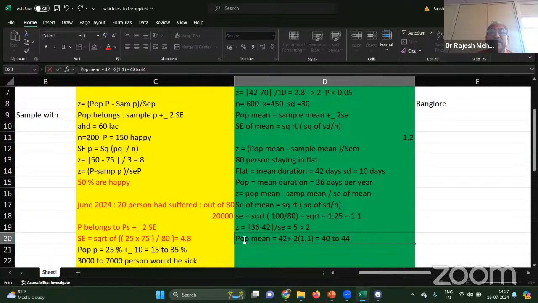And another is, if it is representative, you can forecast the whole population mean based on the sample mean, provided the sample is taken representative. These are the three that we talked about. Another two we'll talk about, and then we'll go for the non-parametric test. Any questions so far?